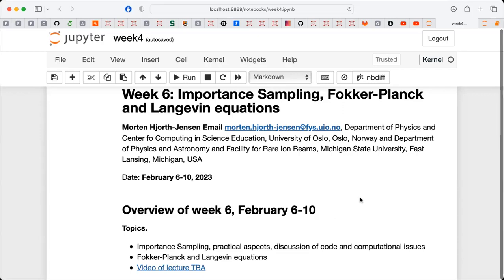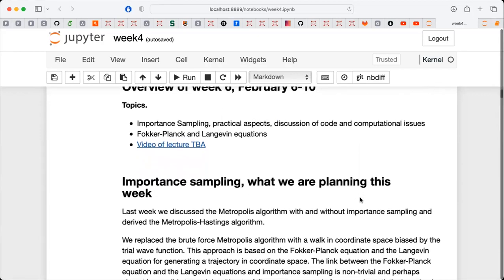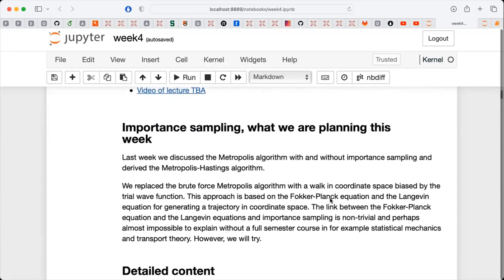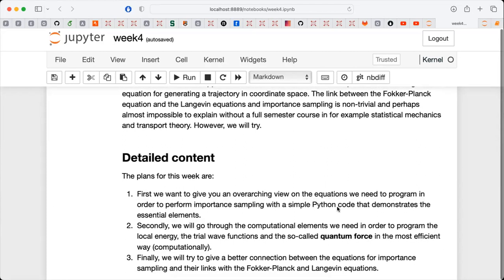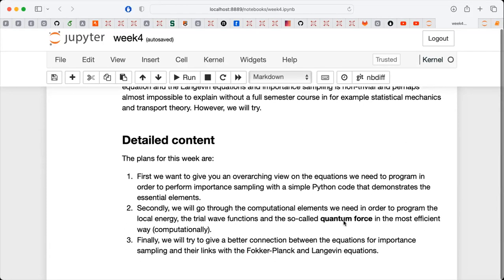So the plan for this week is first to give a kind of overarching view, but I'm going to go back a little bit to what we did last week and remind you of some of the basics of the Metropolis Hastings algorithm. And then from a technical point of view, since we now are going to implement importance sampling, we're going to need the gradient of the probability distribution.